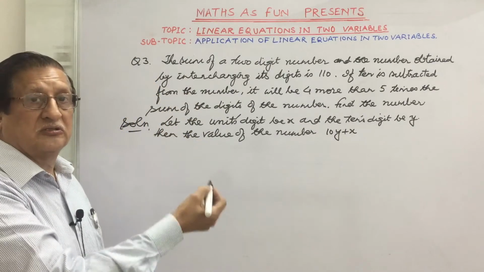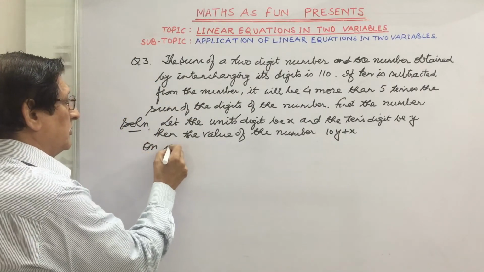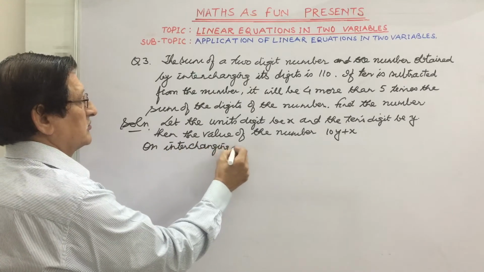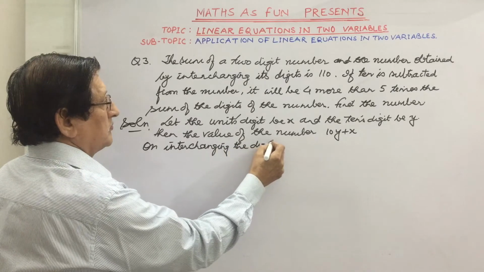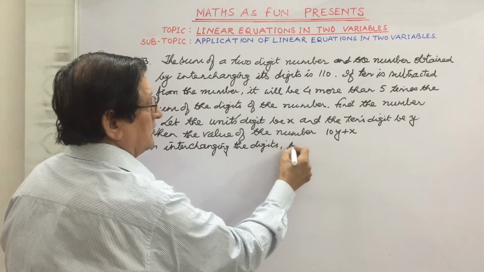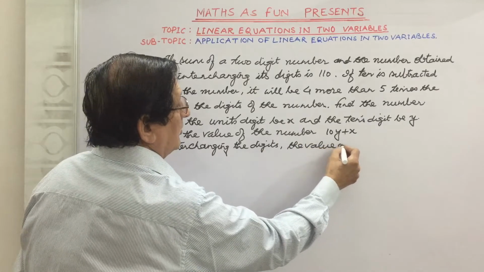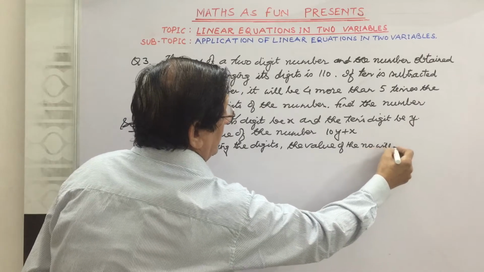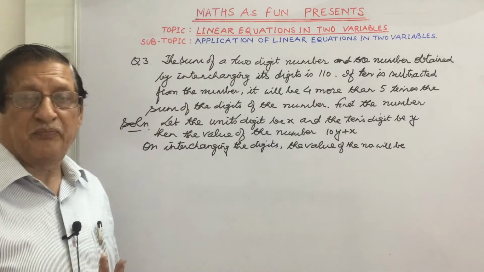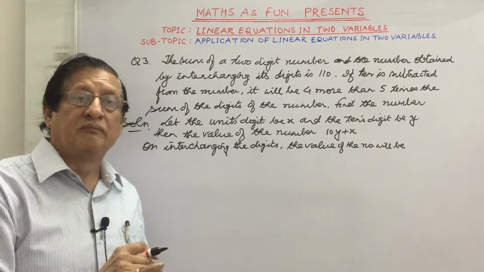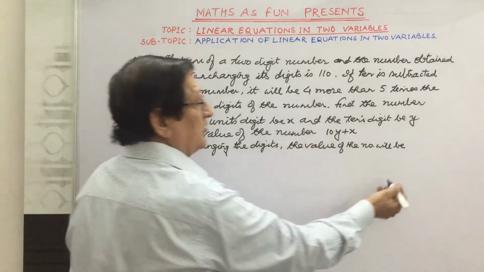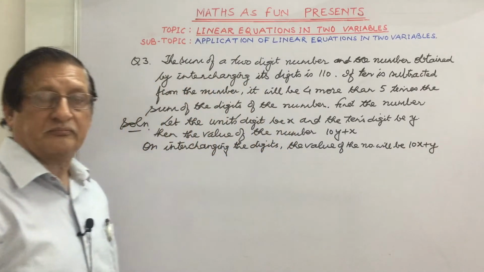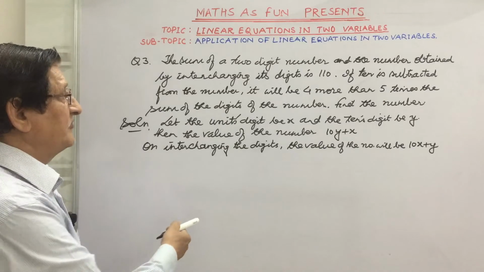If we interchange the digits, on interchanging the digits, the value of the number will be, you can see very well, the units digit will become tens and tens digit become units. In that case, the value of this will be 10x plus y. What is given here?